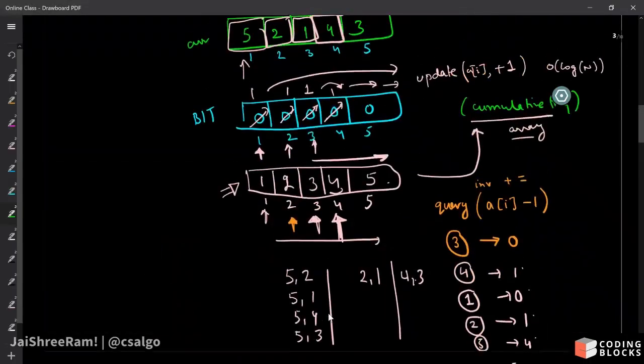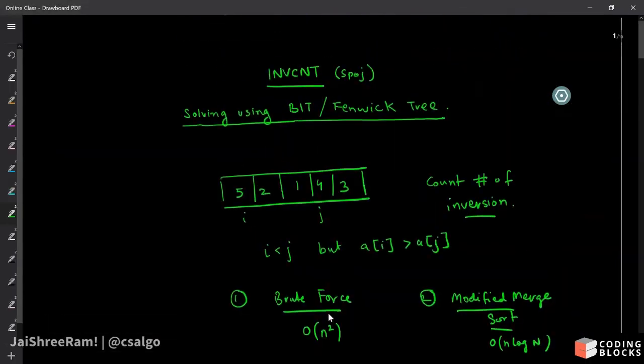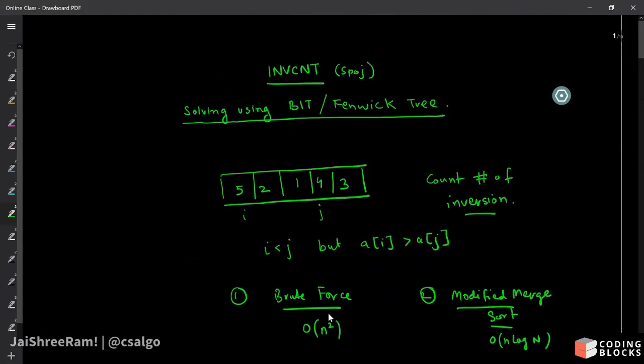So this type of problem can be called a specific category in BIT: such problems are in the category called point query and range update, right? It's called point query. Why? Because we are changing only one element, and sorry, this is point update and range query.